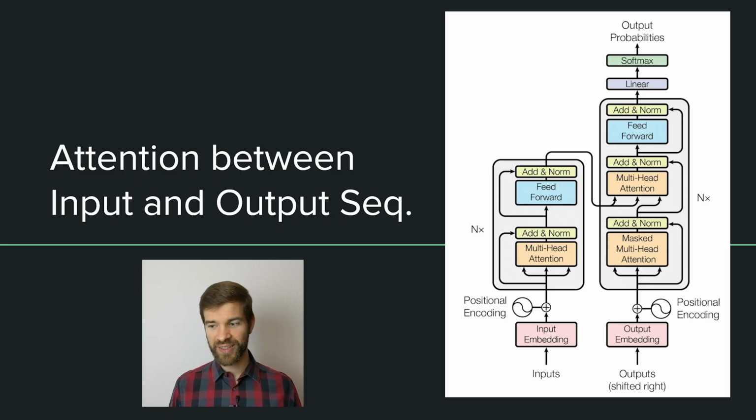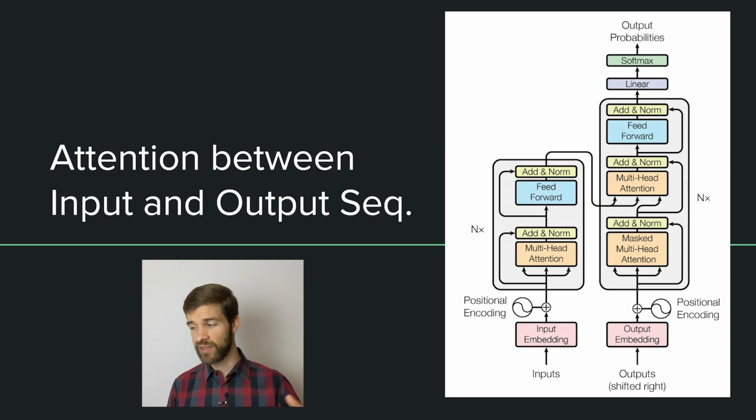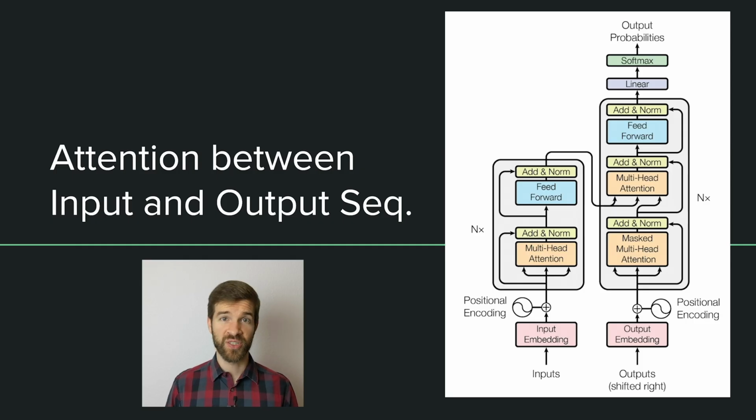Now, there is one last attention block that we can see in this model, and that is the secret source that connects these two things. So we have our input that gets encoded in a meaningful way. Then we have our first attention mechanism, which says how words relate to each other. We go to this hidden representation, and then we do the same for our output sequence.